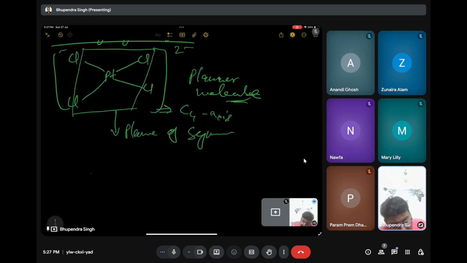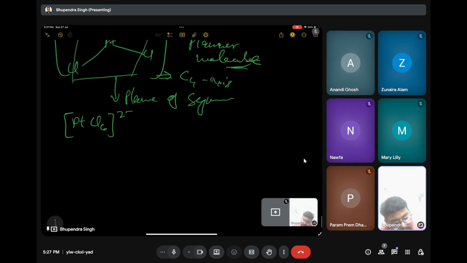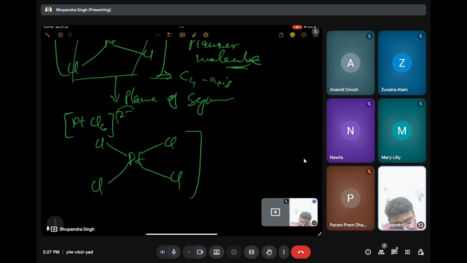Let's say if you have PtCl6, what do you think? Tell me, is this planar or non-planar? How do I draw it? Anyone, just type planar or non-planar.